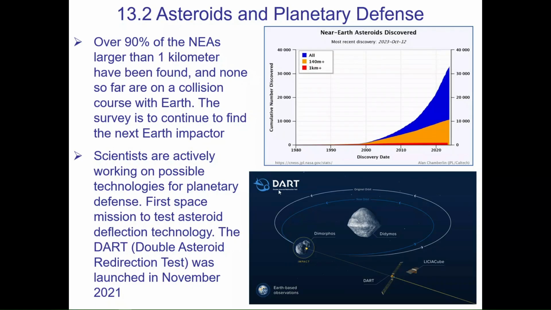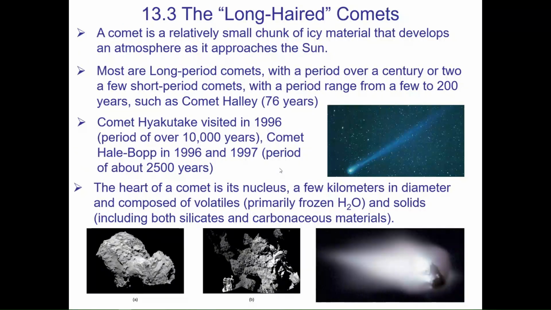You can see that at least the DART mission has proven that human beings are able to do something to deflect an incoming asteroid, that is, avoid the impact directly on the surface of the Earth. The other object we'll discuss in this chapter is comets.